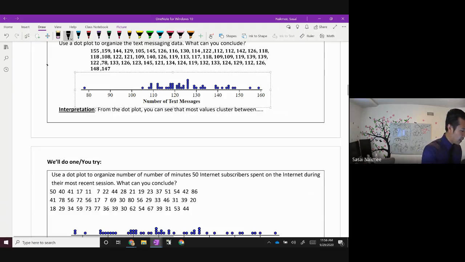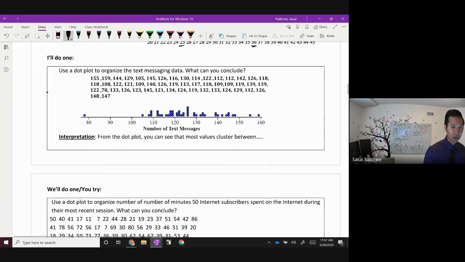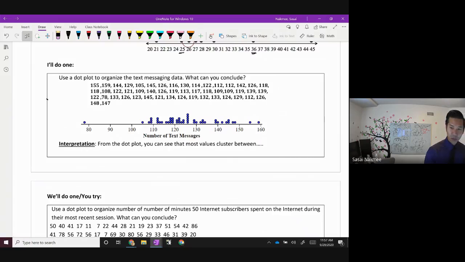If I was looking at this dot plot, where would you guys say most of your dots clump around? Would you say from 110 to 130, or from 100 to 150? What would you say most of your data clumps around?